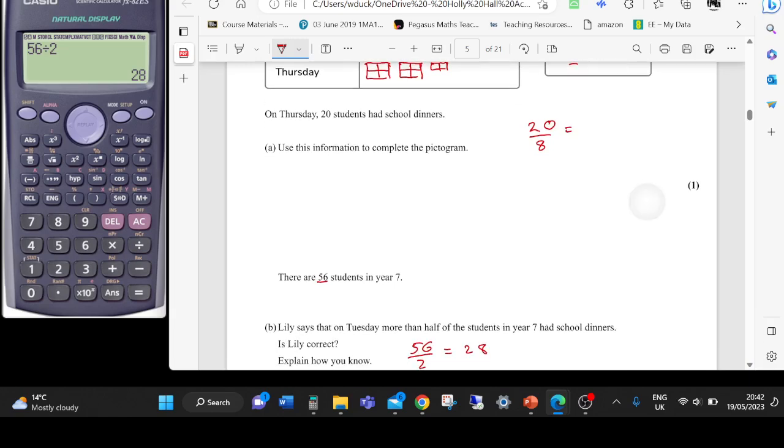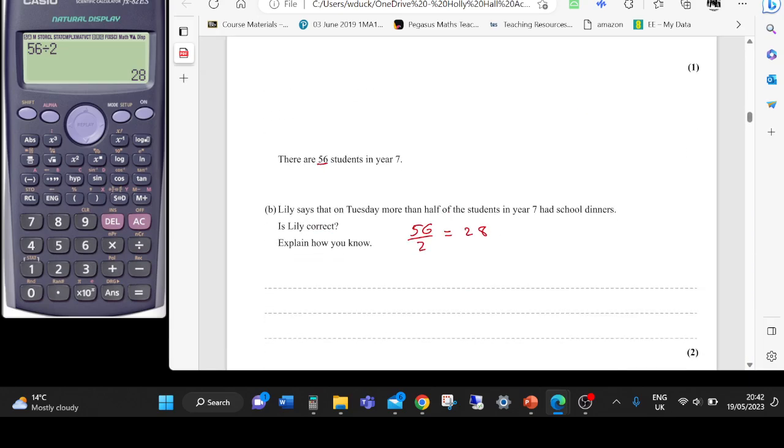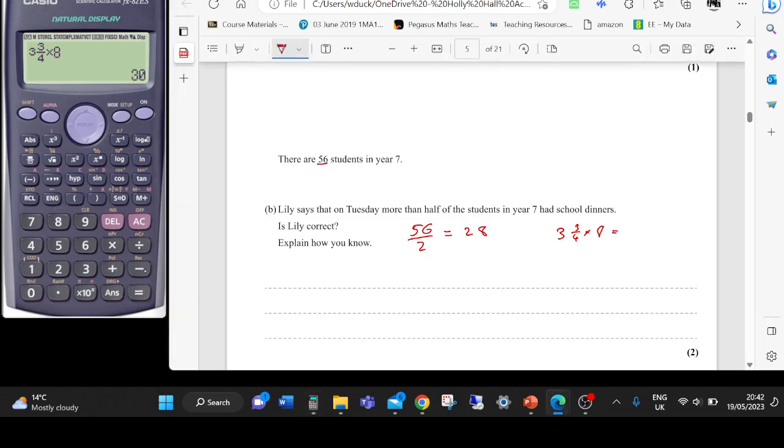Right, so on Tuesday we're looking at 3 3/4 of a block. So if I do 3 3/4 times by 8, using shift mixed fraction, 3 3/4 times by 8, there are 30 students that had lunch on Tuesday. Is Lily correct? Lily says that on Tuesday more than half.